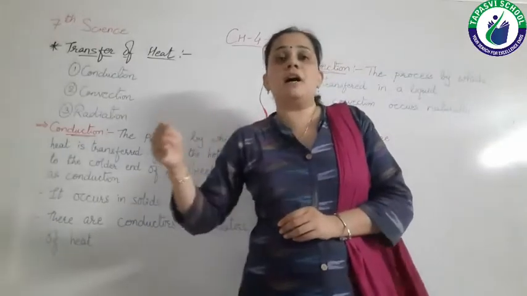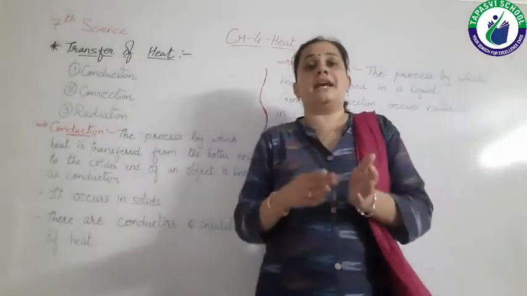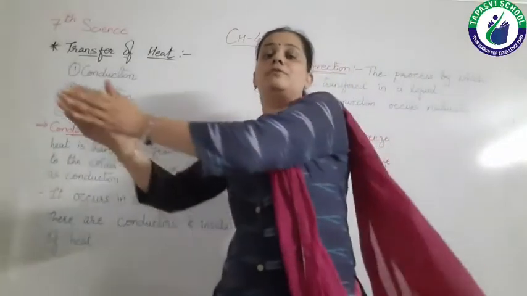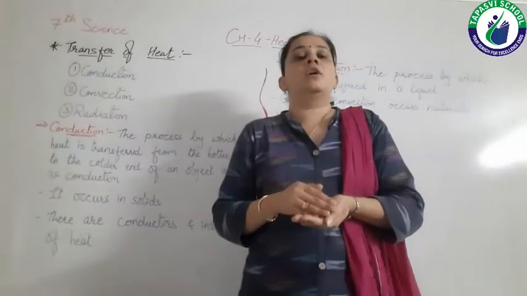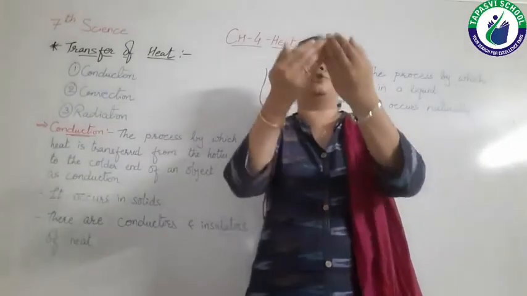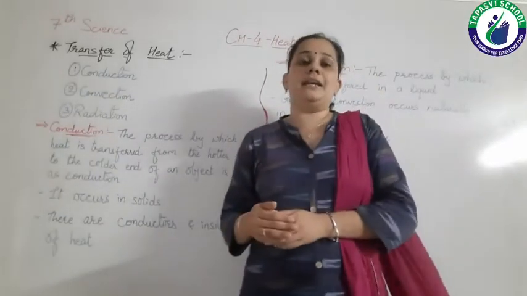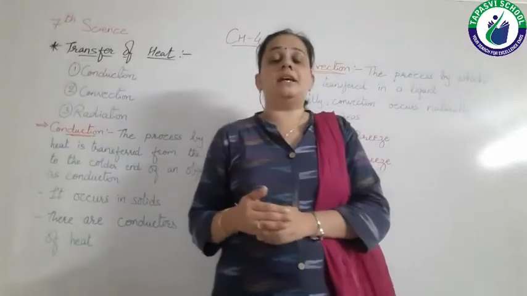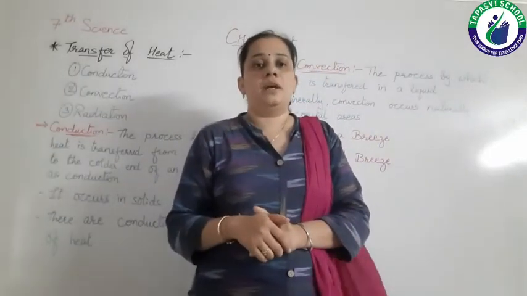So one by one all the molecules vibrate at their own position and they transfer heat from one molecule to another. So from one end of the solid the heat will transfer to the other end. That is, from the hotter area or hotter end, the heat will transfer to the colder end.